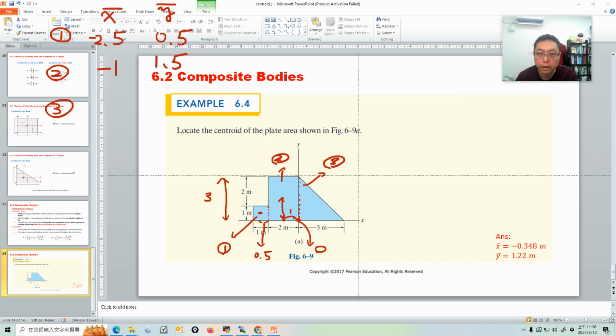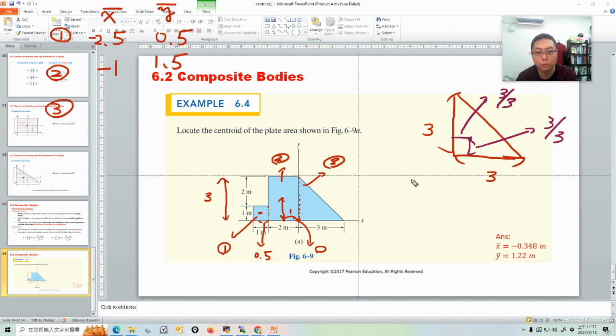Here it says 3. What's the height? 2 plus 1 is 3. So the centroid of this right triangle is here. This is 3/3, and what's here? It's also 3/3.